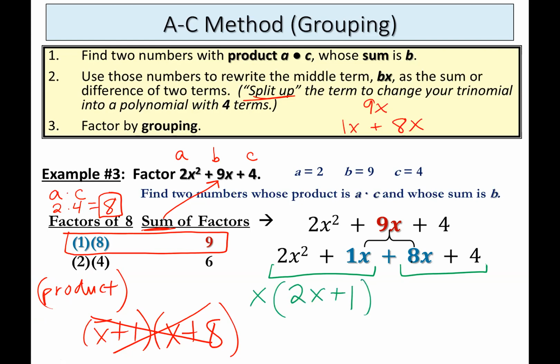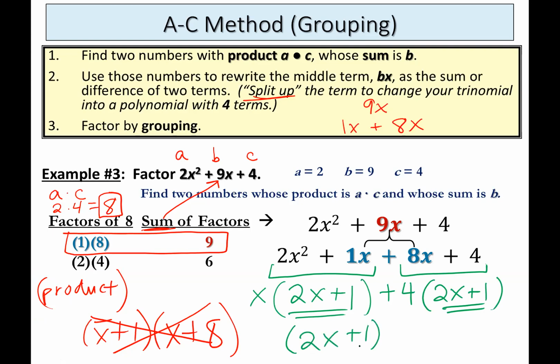In my second group, 8x plus 4, my GCF is 4, and again, I'm left with 2x plus 1. Remember this, the 2x plus 1, that's in parentheses, that's my common factor now, so I get to write that first. And then those leftover outside terms, x plus 4, that comes together to be my final answer.